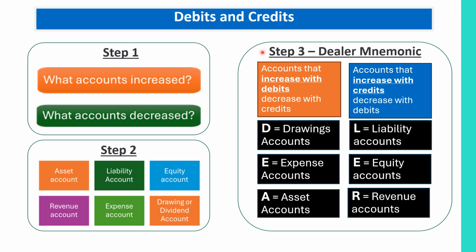And step 3, where you use the dealer mnemonic to find the debits and credits. Let's take a look at transactions 7 to 12 for Eli's Consulting and apply this process to the analysis of business transactions with the use of T accounts.